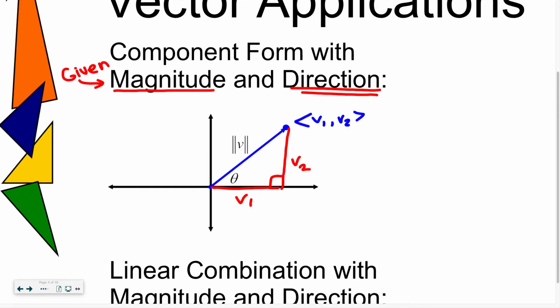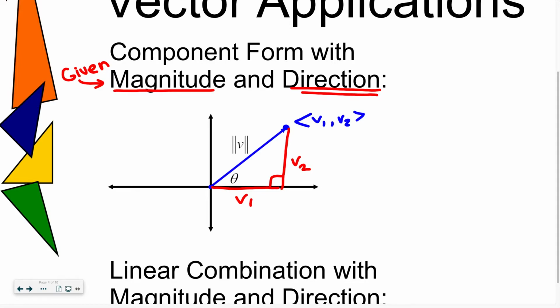But if I give you magnitude, so if I'm telling you this distance on the blue piece, and I give you direction, so I'm telling you this angle over here. Okay, now we know these things. Can you tell me what v sub 1, the horizontal component, is?